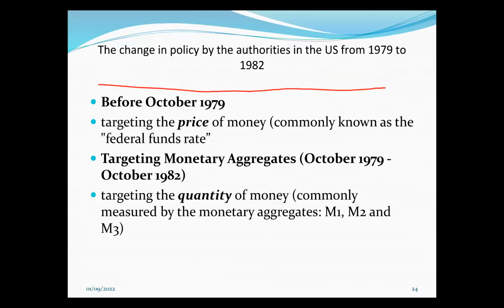So before 1979, there was the targeting of the price of money, that's commonly known as the federal funds rate. Then there was also the targeting of monetary aggregates, the targeting of the quantity of money that was measured in M1, M2, and M3.